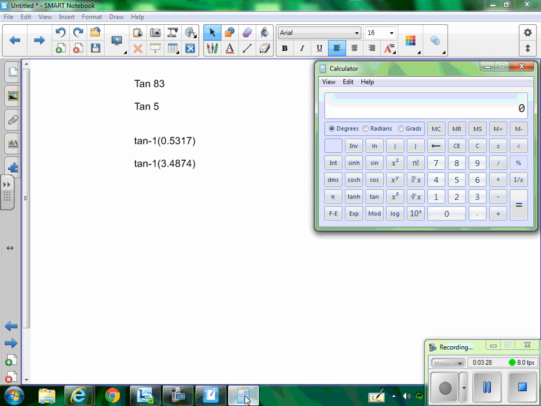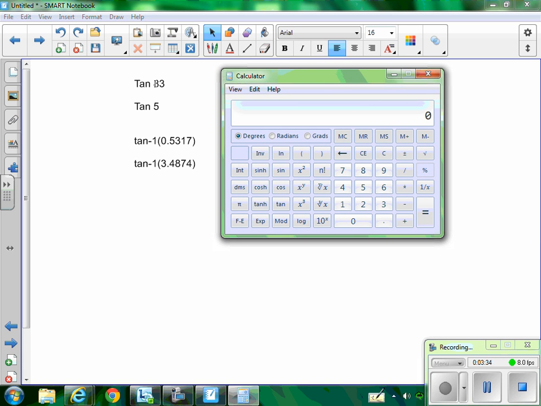So if I had to calculate the tangent of 83 degrees, then on this calculator here on the computer, I would need to type in 83 and I would need to find tangent. Okay, and I get a number of 8.14.